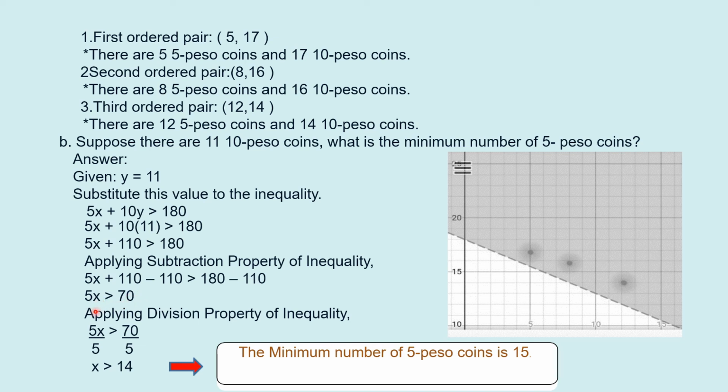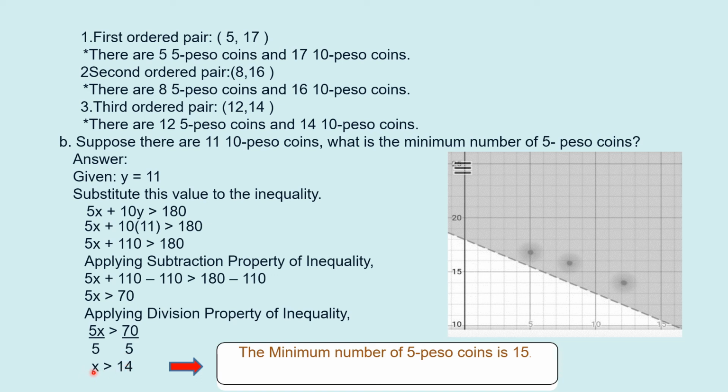To find the value of x, or the minimum number of 5 peso coins, since x has a coefficient, we need to divide both sides by 5. So, 5x divided by 5 is greater than 70 divided by 5.